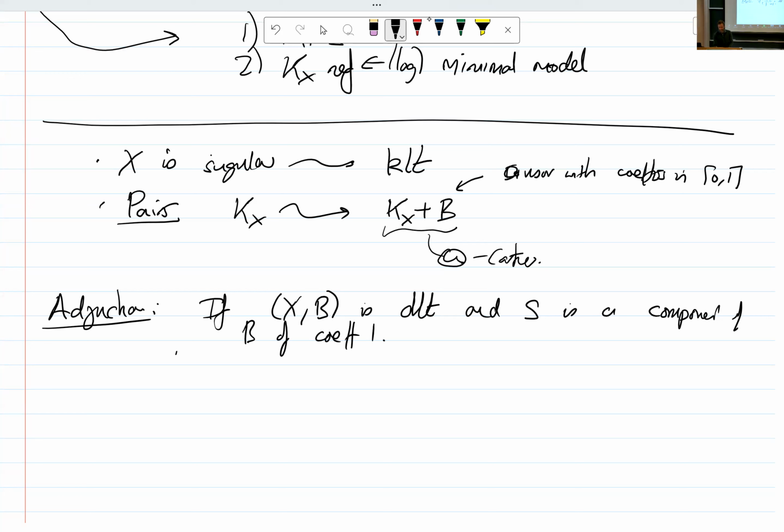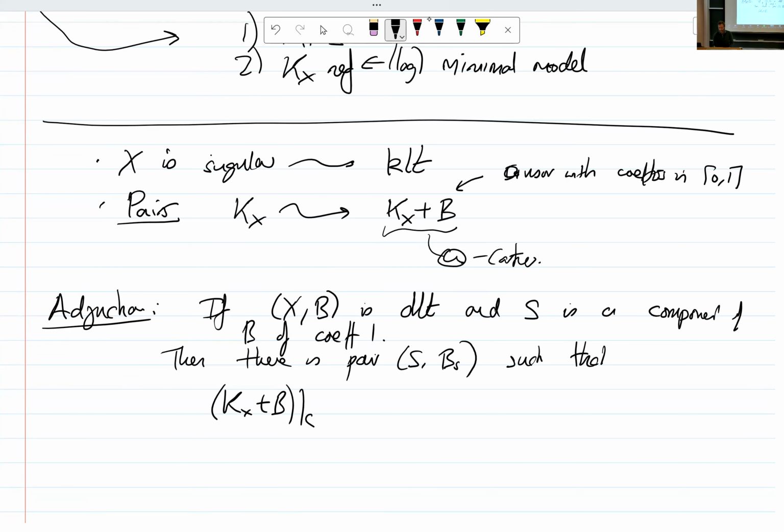That means we can restrict to it with the adjunction formula. So then there is a boundary, or rather a pair, (S, B_S), such that K_X plus B restricted to S is, well, at least linearly equivalent to K_S plus B_S.